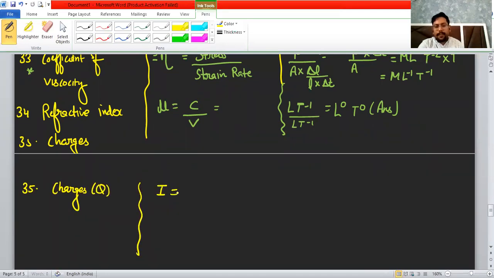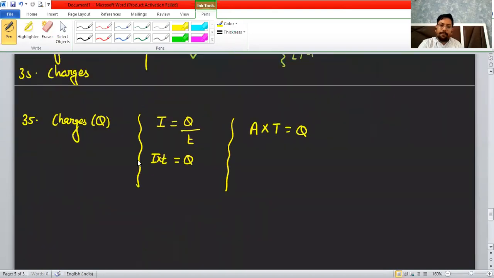We know current is charge by time. So as a result we can write current multiplied by time is charge. Current is shown by capital A, time is T. Current is a fundamental quantity among the 7 fundamental quantities defined by SI, so we write it capital A. So this is the dimensional formula for the charge, A multiplied by T.